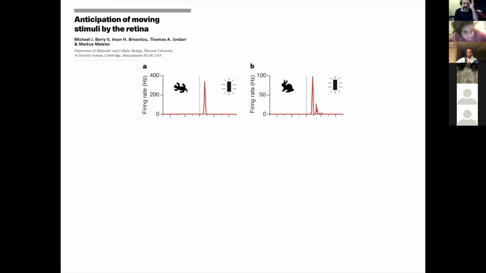So the plots to the left are salamander, plots to the right are rabbit. And as far as I know, we don't have any evidence of such things existing in the non-human primate and human brain. So this is not a primate thing, but you see, even rabbits have that.